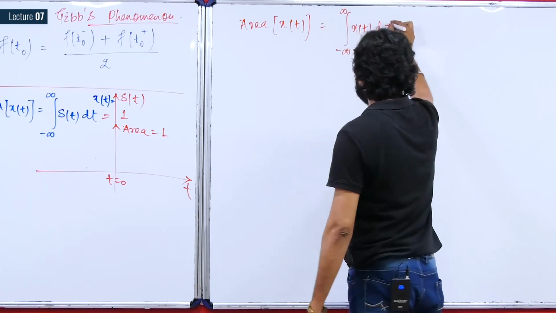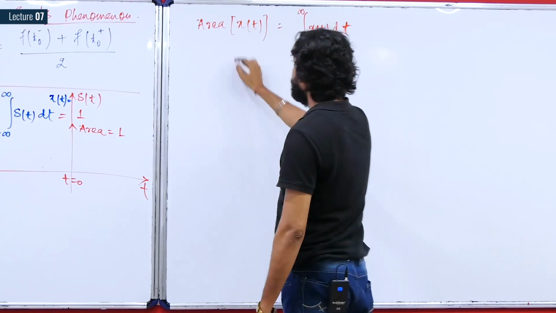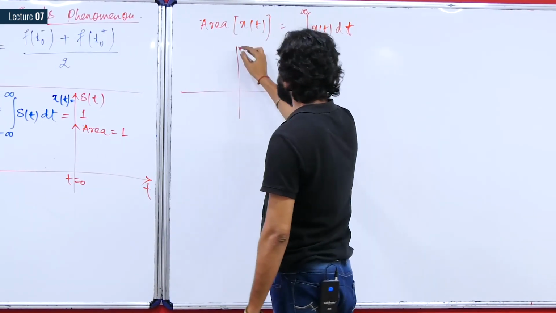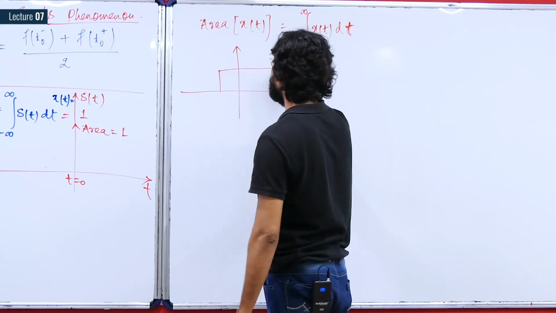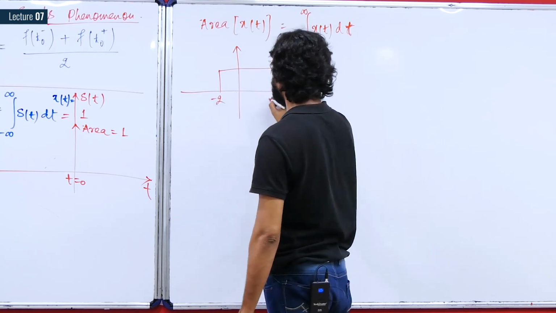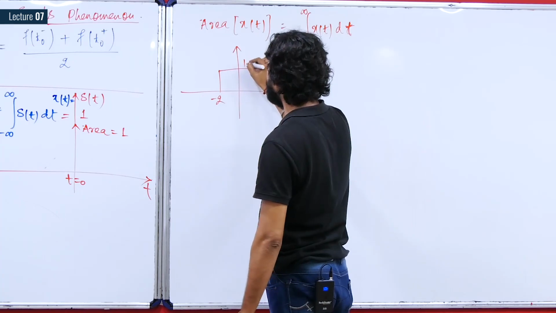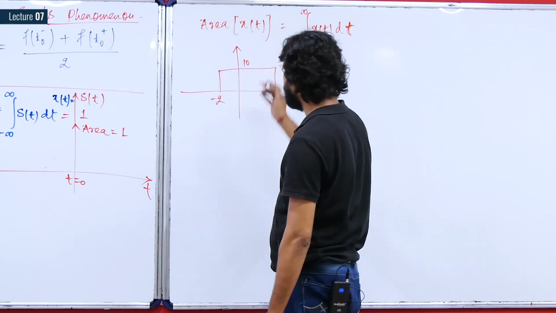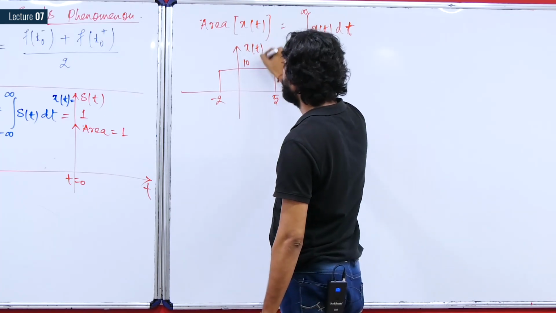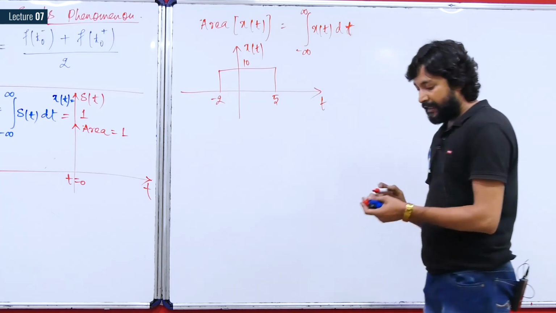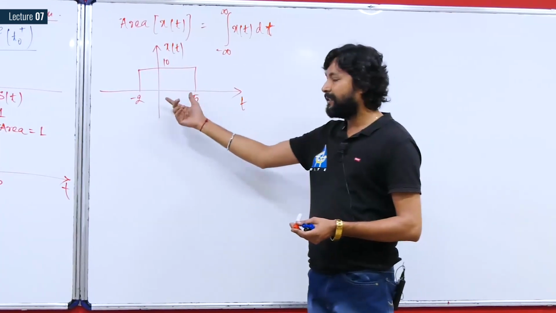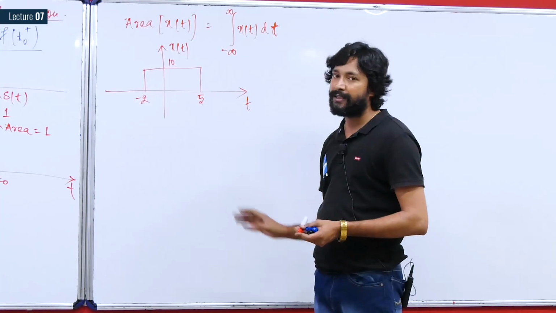Now, if the signal does not exist for infinite duration, that is, if the signal has values only between 2 and 5, and let the values be constant at 10, then you take the limits only for the instants for which the signal is non-zero.